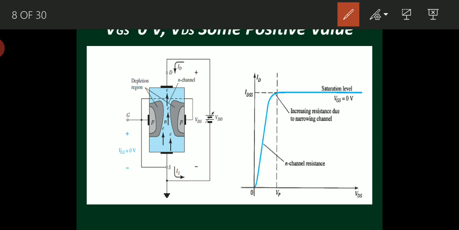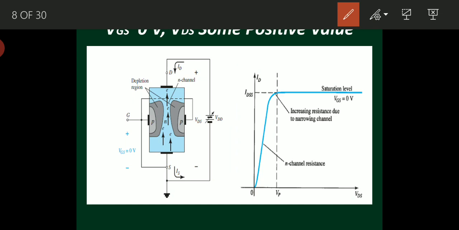As VDS is increased much more, more charge carriers will move from the source terminal to the drain terminal, resulting in more current flow in the device. So the depletion region near the drain terminal increases and the channel width decreases.